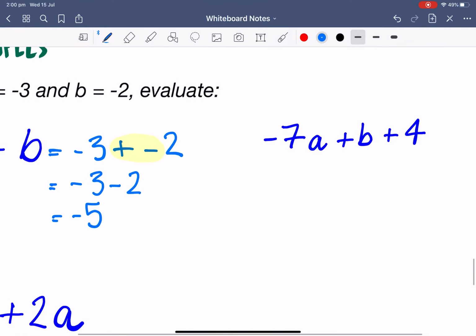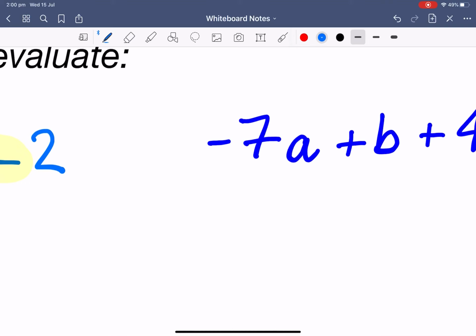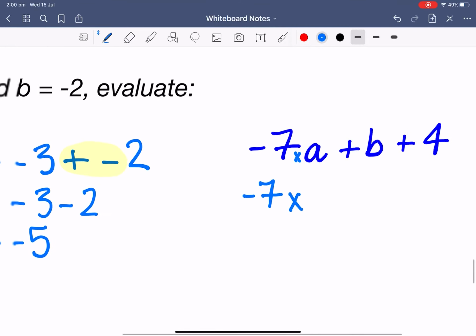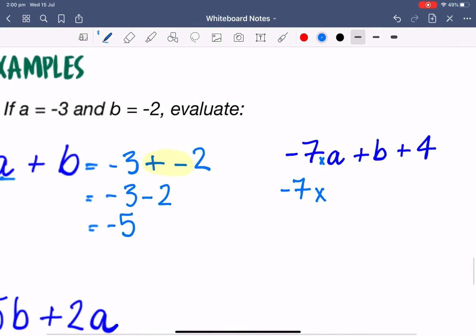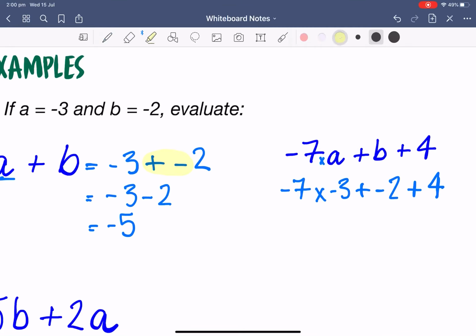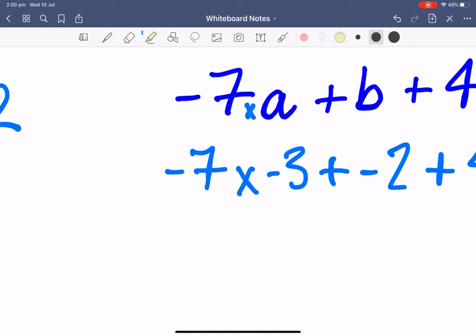Let's do a harder one. So -7 times -3, because we're timesing, remember, if they're just next to each other, it's the same as the times, plus -2 plus 4. Now I can see some symbols, the positives and negatives next to each other, so I'm going to highlight them just quickly.